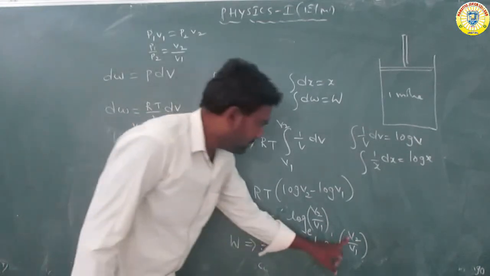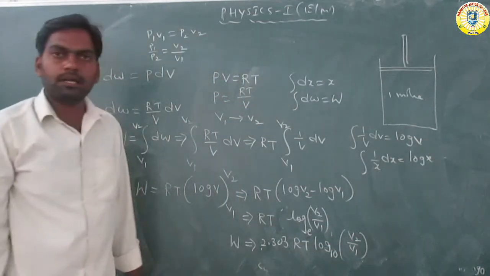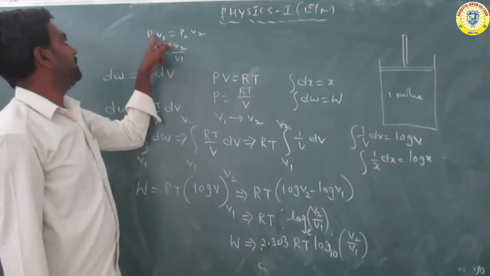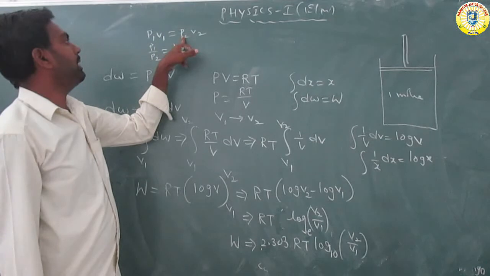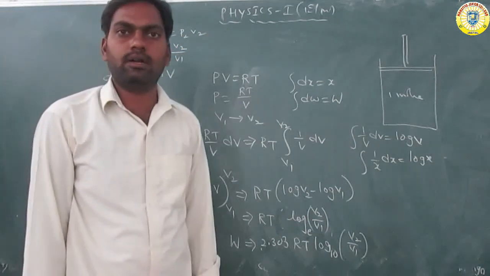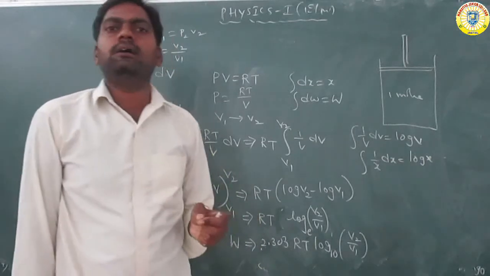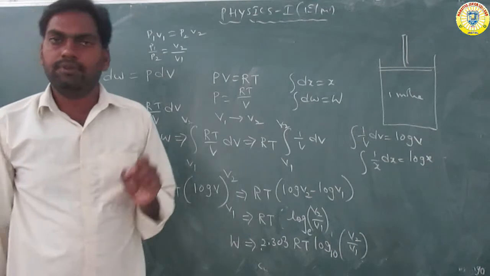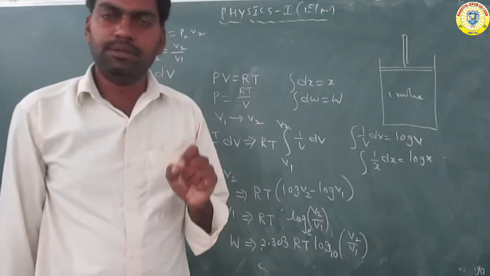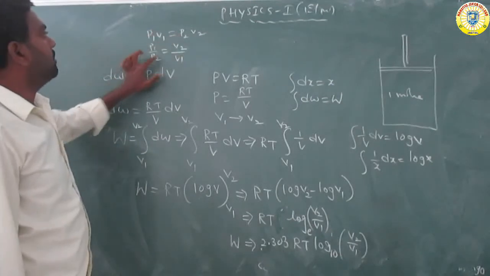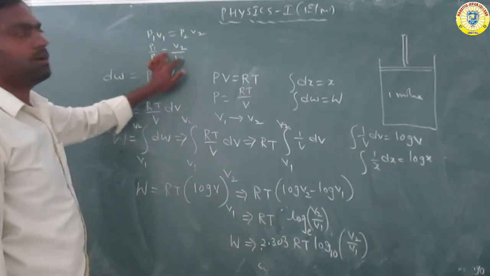According to Boyle's law, P1 V1 is equal to P2 V2, which is equal to a constant. That means P1 by P2 is equal to V2 by V1.